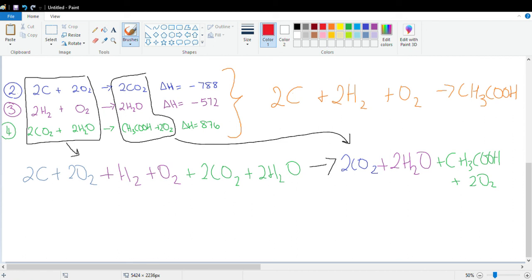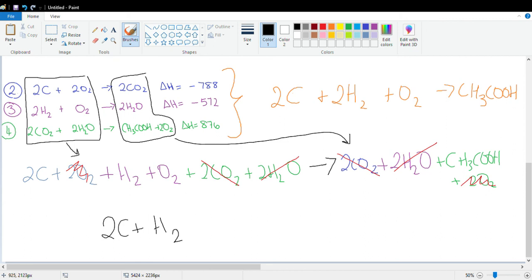So we've got 2 carbon dioxides on the left and 2 carbon dioxides on the right. They will cancel each other out. I've got 2 waters on the left and 2 waters on the right that will cancel each other out. And I can cancel out these 2 oxygens with these 2 oxygens over here, so that the equation I am left with is my 2 carbons, my 2 hydrogens, and my oxygen on this side, and on the other side I've got CH3COOH. I never wrote down the 2 there, sorry.